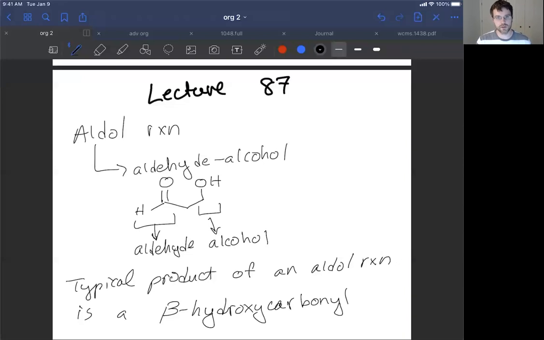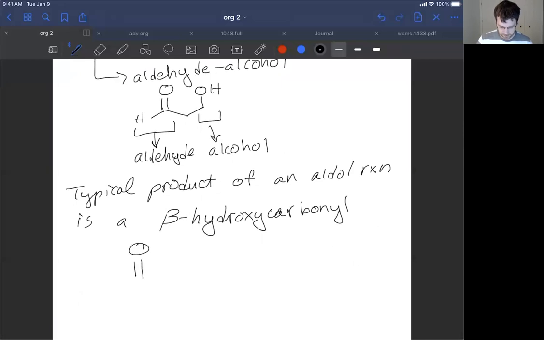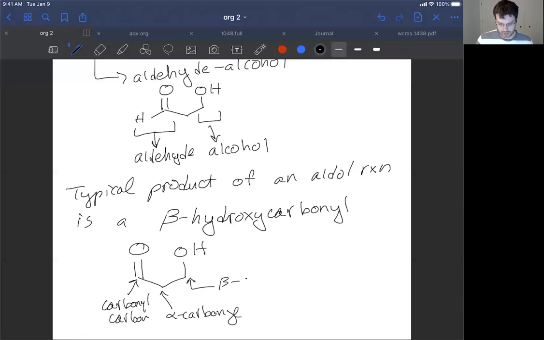In general, what you do when you do an aldol reaction is you form a beta hydroxycarbonyl. Now let's break that down. If we have our carbonyl and look at the framework at the top of our notes, we can see that the OH is positioned not at the carbonyl carbon and not at the alpha carbon, but rather that hydroxyl group is positioned at the beta carbon.